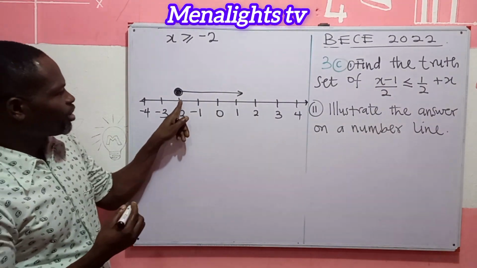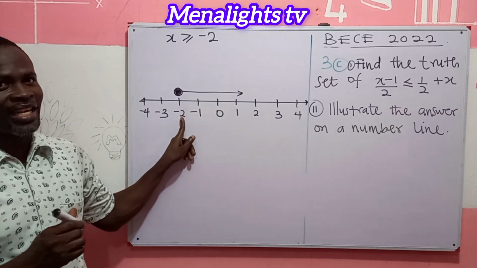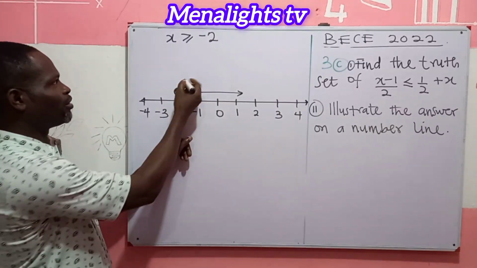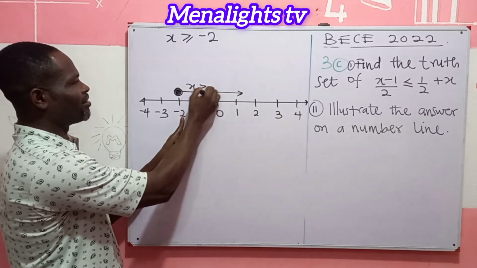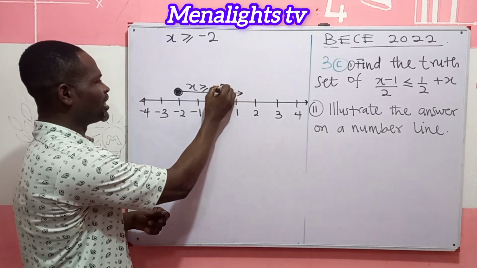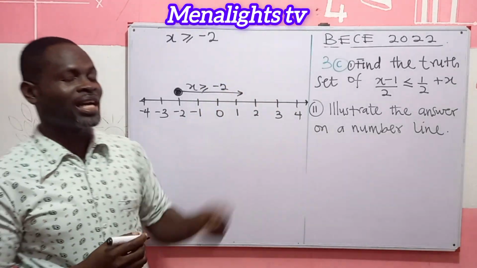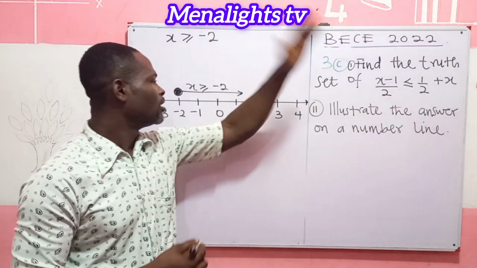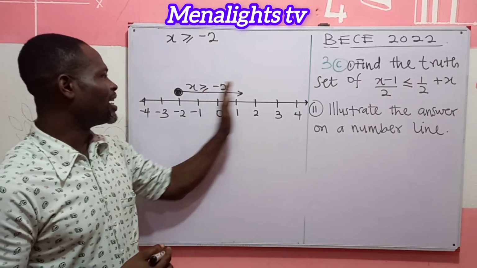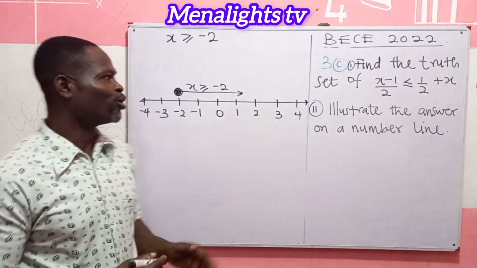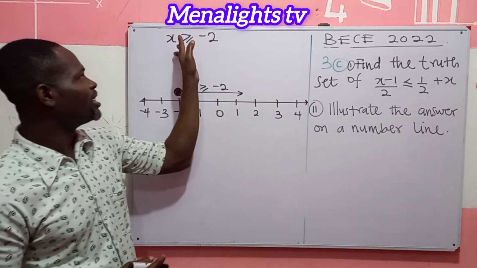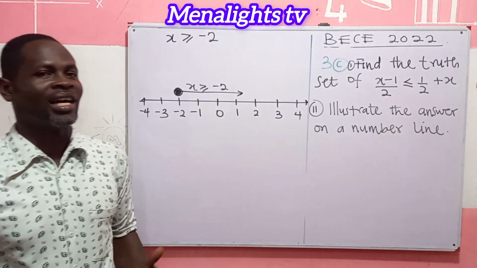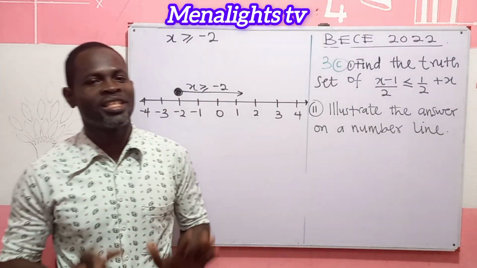The result is on negative 2, that is why it is on negative 2. Then we can write x is greater than or equal to negative 2. The length of the arrow doesn't matter. Someone can decide to extend the arrow, someone can decide to end it here or here. So this is the illustration of x is greater than or equal to negative 2.